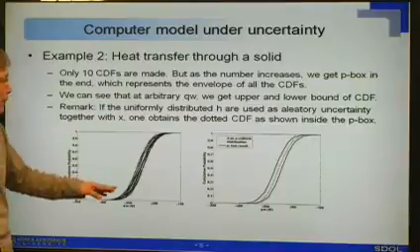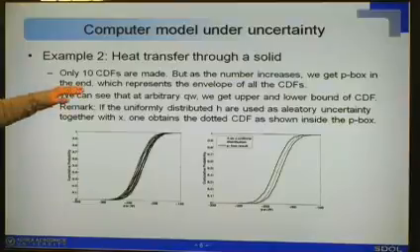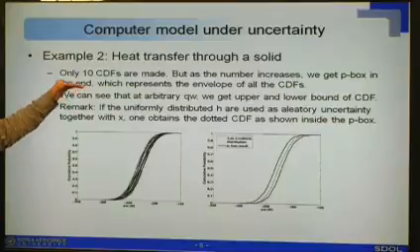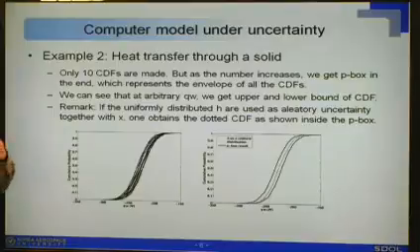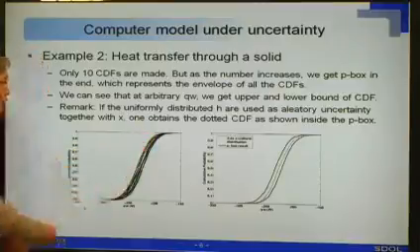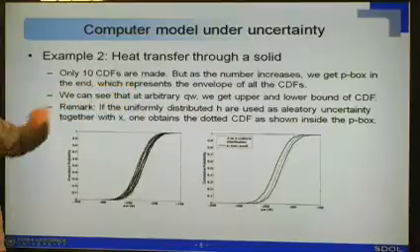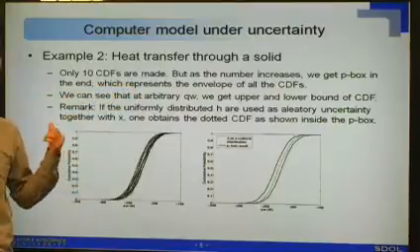We call this a P-box. Although in this case we generate only 10 CDFs, ideally we can make an infinite number of CDFs, and we can think about the outer boundary, or envelope, of those CDFs, and we call that a P-box in the textbook.